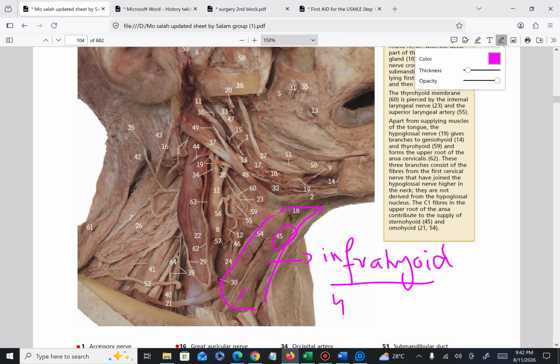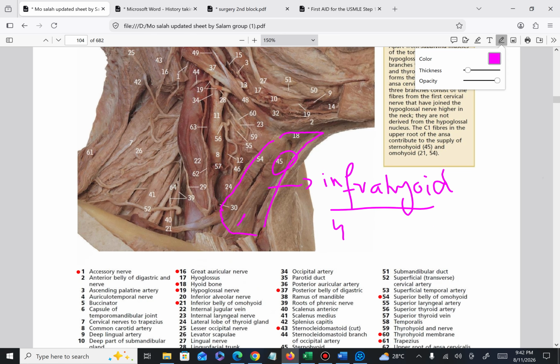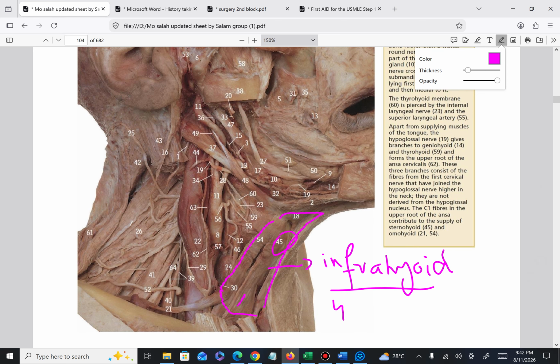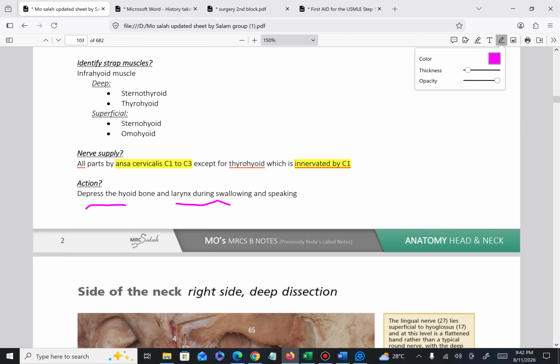This is the sternothyroid muscle. So the other infrahyoid muscles are the sternohyoid muscle, omohyoid muscle, and thyrohyoid muscle, which is not seen in this picture. I will show you in the other picture.